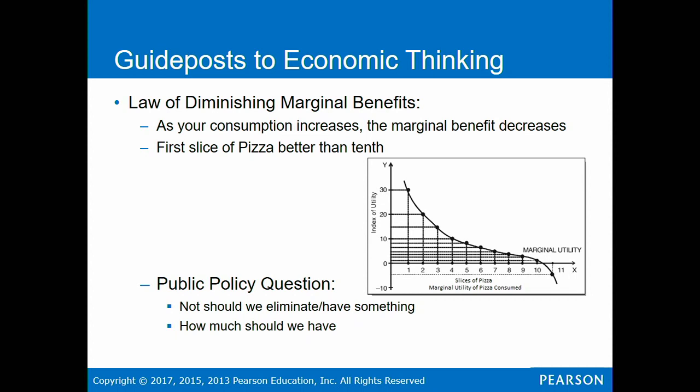The third slice, you're getting, looks like 15. And so on, it goes down and down and down. As you get more full, it doesn't taste as good. Finally, eventually, when you get to your 11th slice, your utility is negative. At that point, this person can eat a lot, but they're so full that it's painful to eat that last slice.